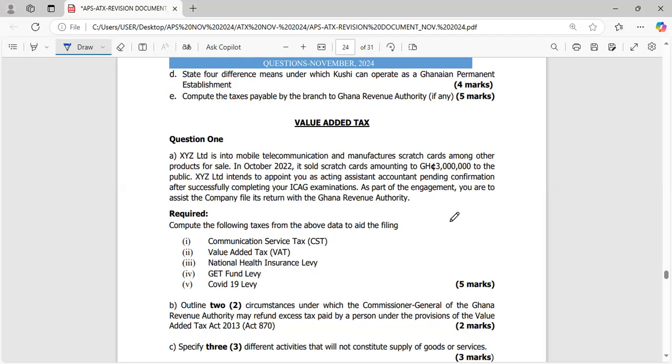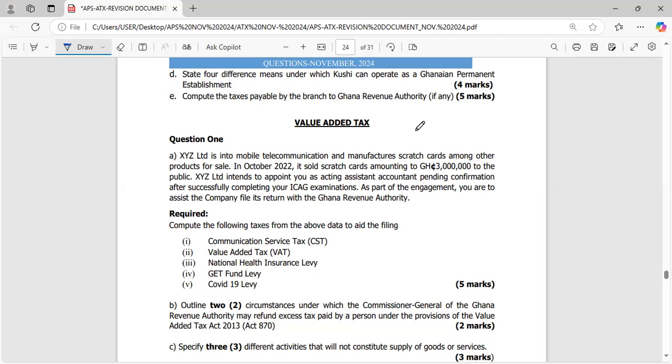Now, before we can get this tax that we are calling VAT, value added tax, first of all, there must be a taxable person. So you have to know who is a taxable person. There must be something we call taxable activity. So that activity should be taxable.